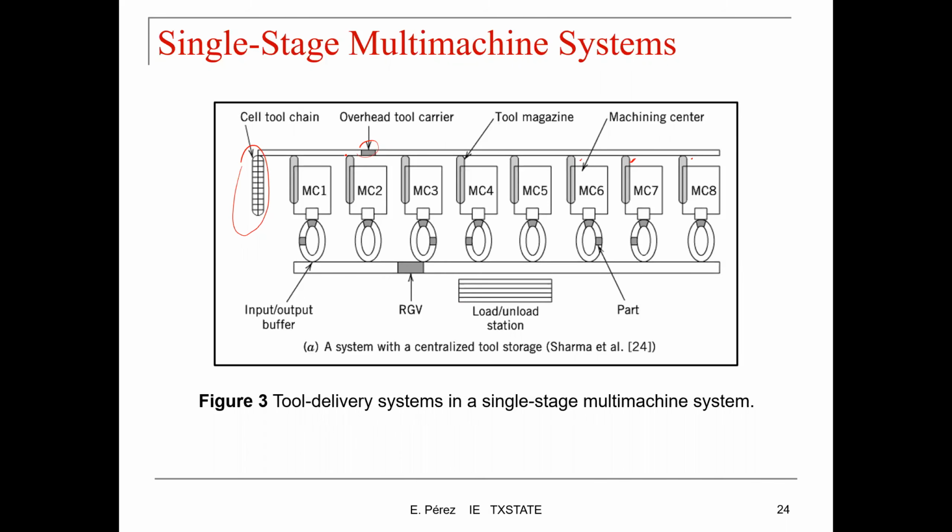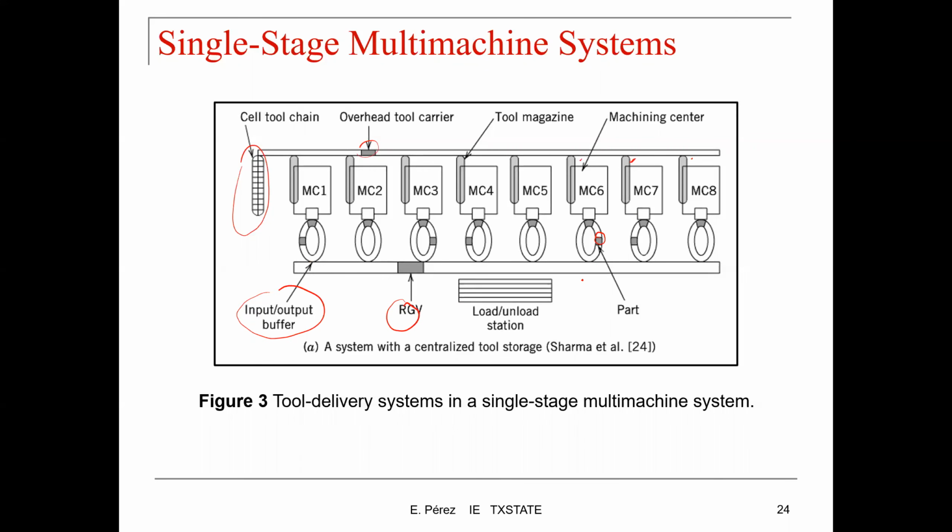So on the other side, what we have is the input-output buffer with an RGB that is used to transport the parts to the machines. So those gray squares are those representing the parts. So we have these RGB moving parts to or delivering parts to each one of the machine centers.